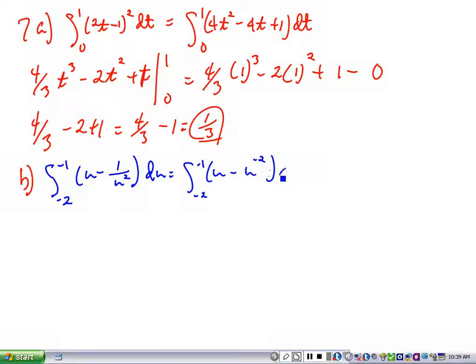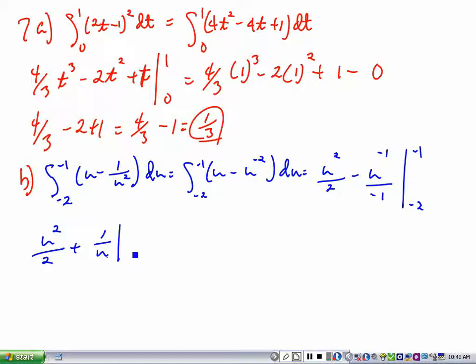So write it like that. Now we integrate. You integrate u, that's u squared all over 2, minus u to the negative 2 plus 1, that's negative 1, divided by negative 1. Evaluated from negative 2 to negative 1. So we have u squared over 2 plus 1 over u, evaluated from negative 2 to negative 1.